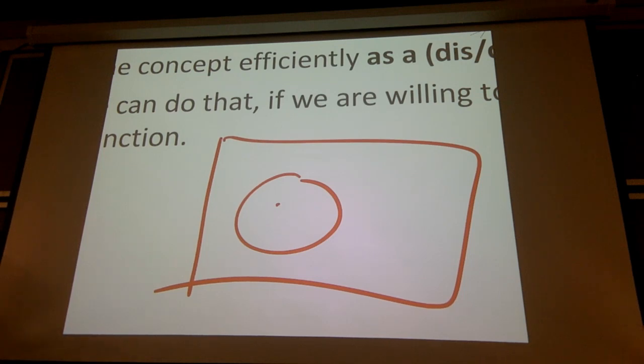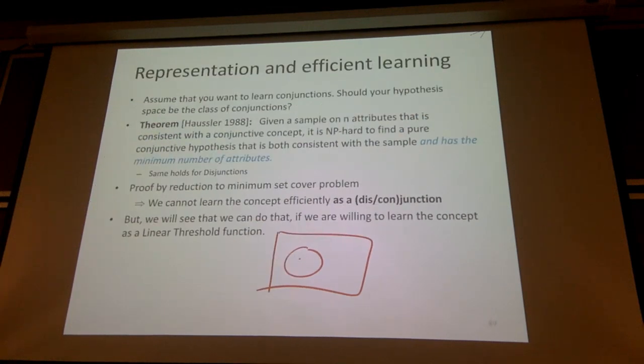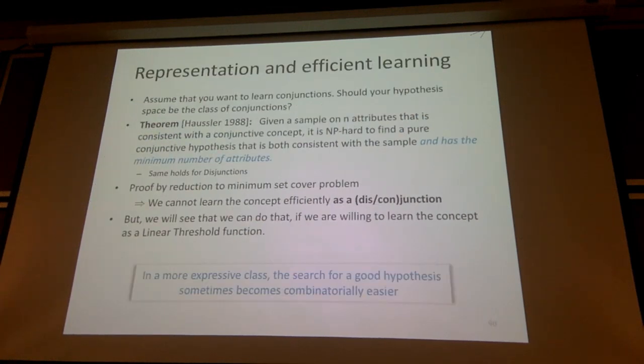So the point of this is, even though we may have a more expressive class of functions, namely linear threshold units, the search becomes a little easier, and that takes us back to learning a linear threshold unit. We'll get there after I finish up the summary. A quick summary about the halving algorithm. It's a simple algorithm.